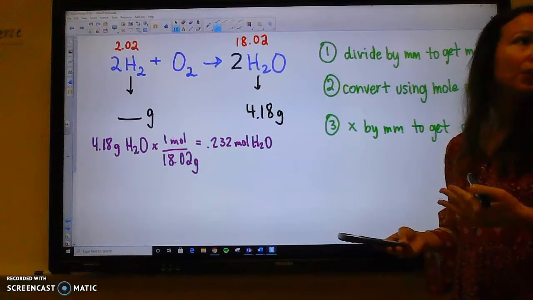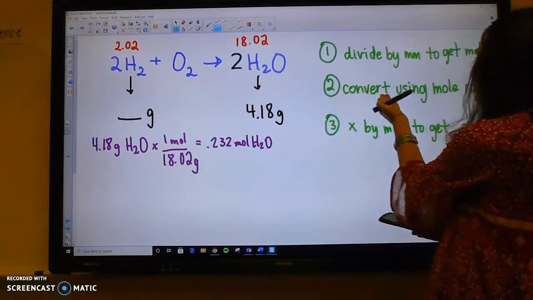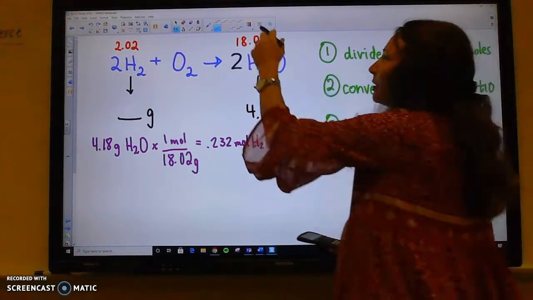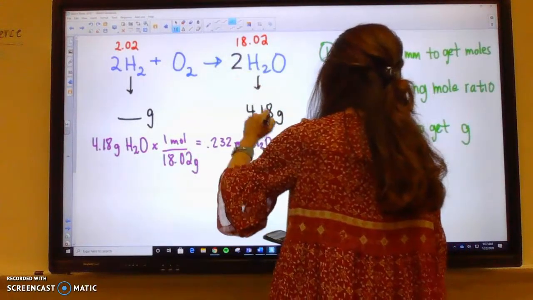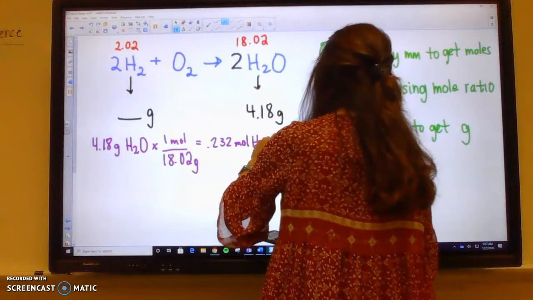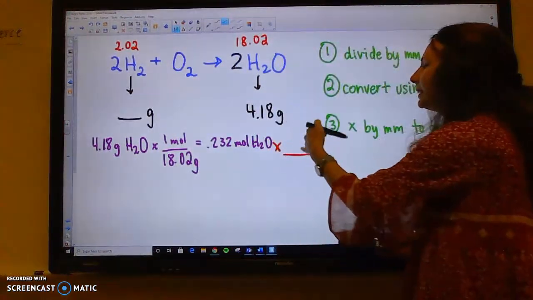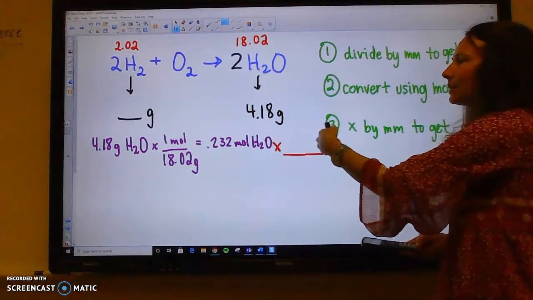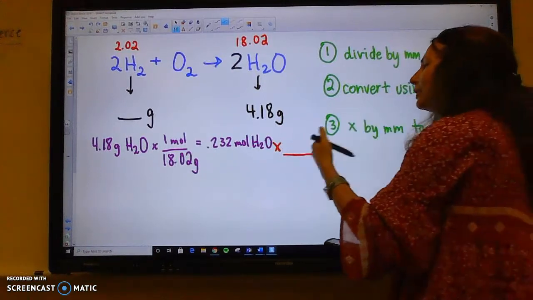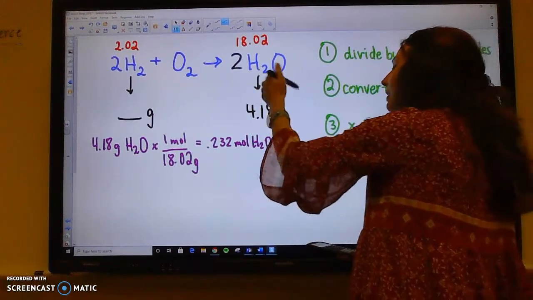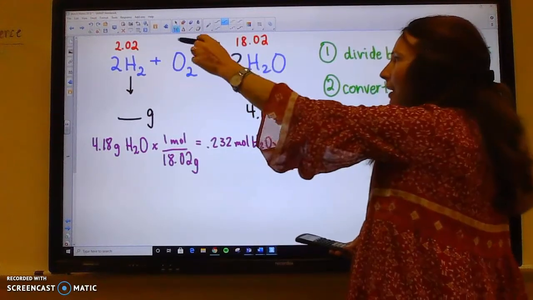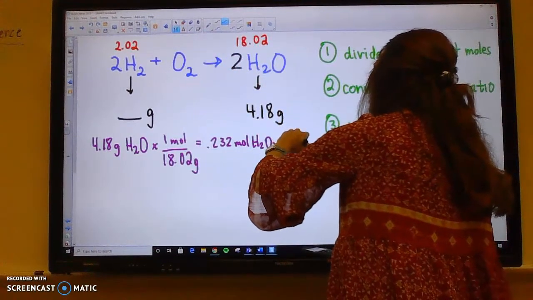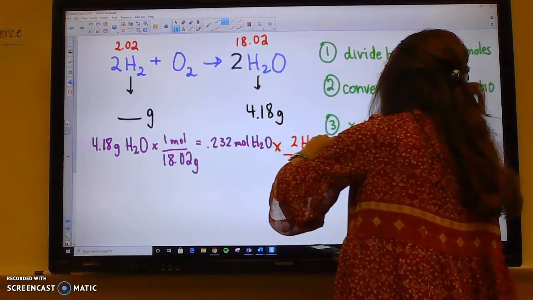I then have to continue with the second step, which is to convert using my mole ratio. I'm just going to continue on the exact same line, and I am going to use a different color. So on the same line, I'm going to take that answer and multiply times my mole ratio. I started out with water, so I need to put the 2H2O in the denominator. And what I'm solving for goes in the numerator, so that's going to be 2H2.